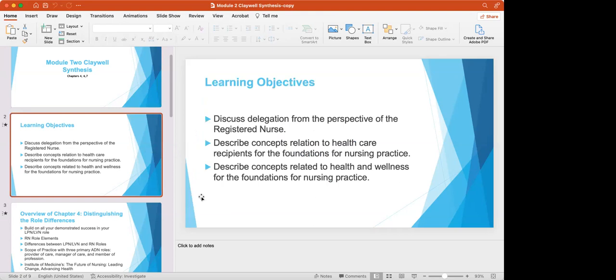All right, these are the learning objectives. Just remember, I want you to keep an open mind because as an LPN, you probably reported abnormal labs, vital signs, etc., to your charge nurse or to the healthcare provider.